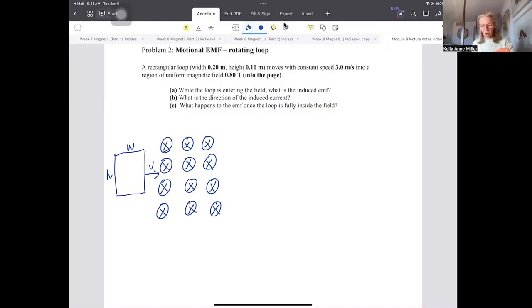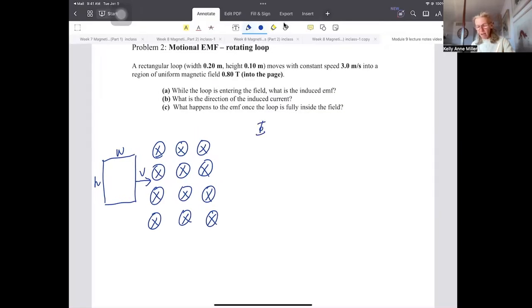Okay, so again, the magnetic field is constant. This time it's not the angle that's changing, it's the area that's changing. So if we write flux, it is the dot product between the magnetic field and the area vector.